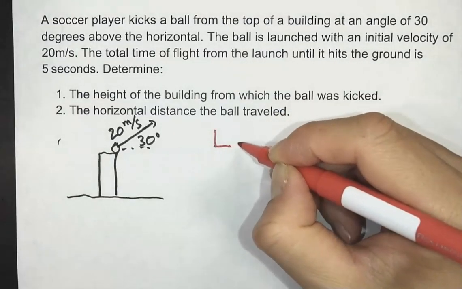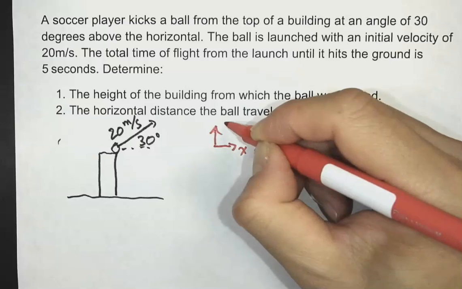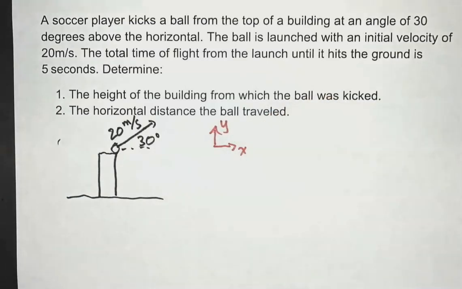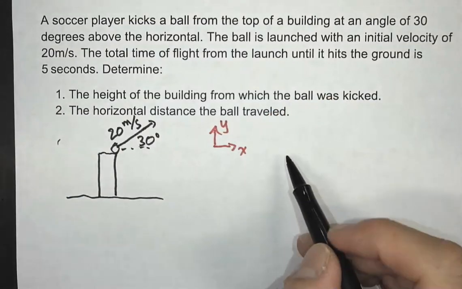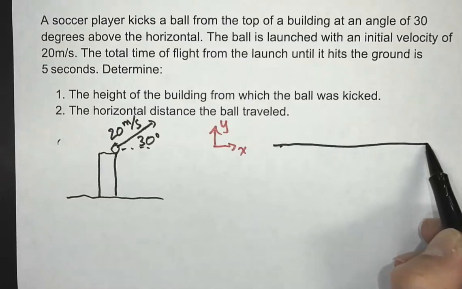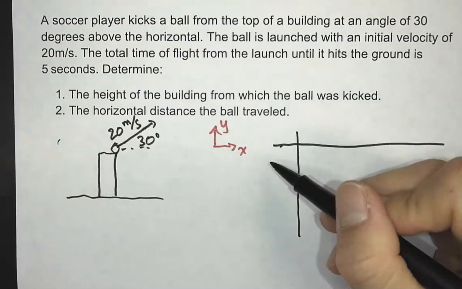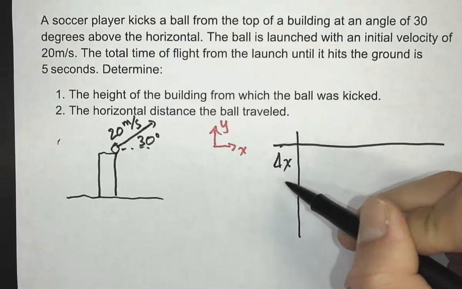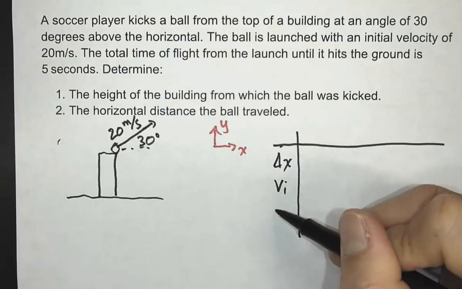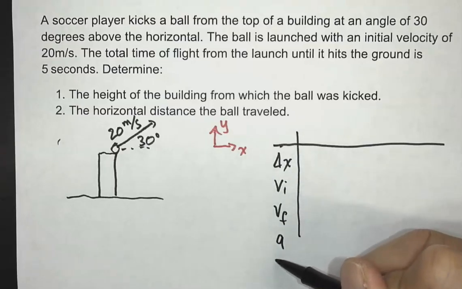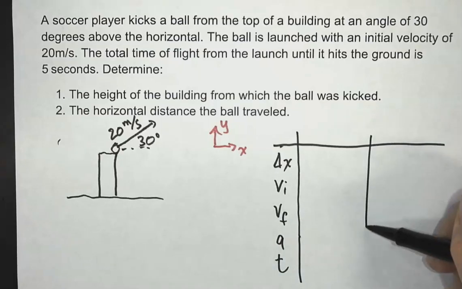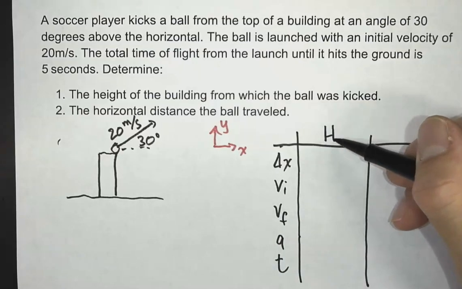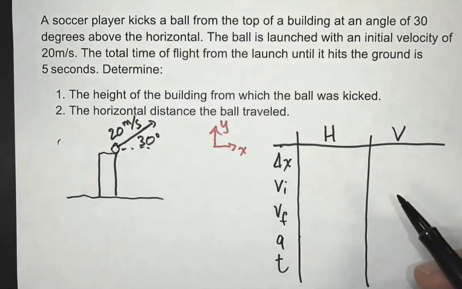I'm going to make right positive in the x direction and then up positive for the y direction. And next step is to create our chart. So the first column has the variables, delta x, vi, vf, a, and t. The next column is for horizontal motion, last column for the vertical motion.